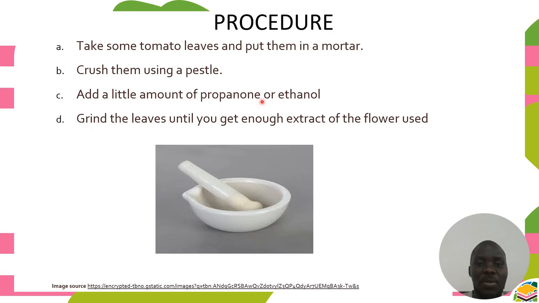After adding propanol or ethanol, grind the leaves until you get enough extract from the flowers. It means you continue crushing and grinding until you get enough extract.